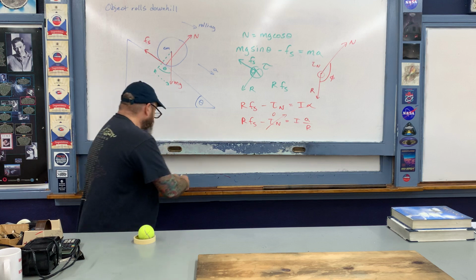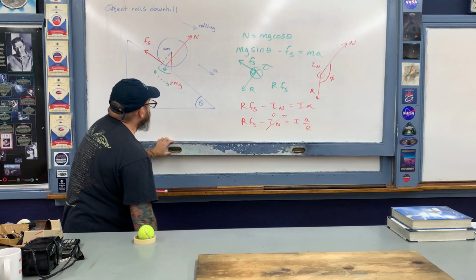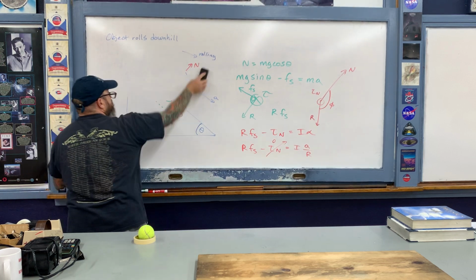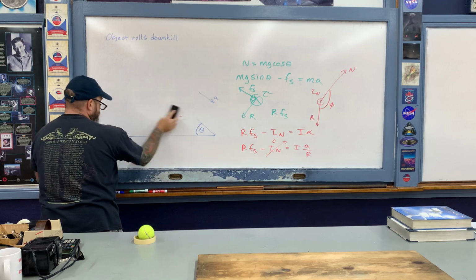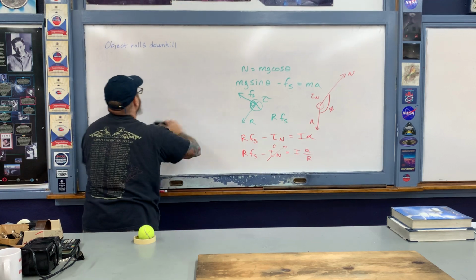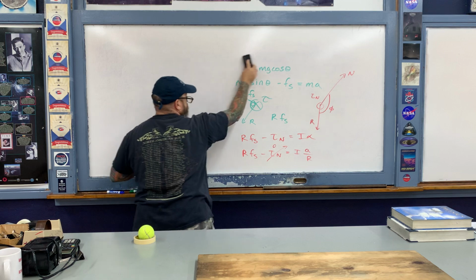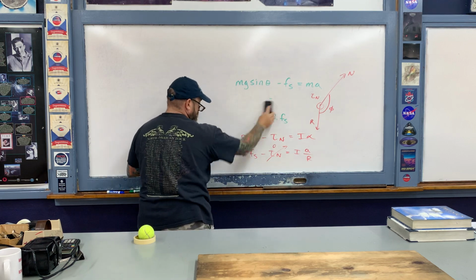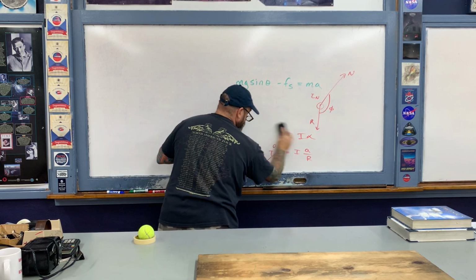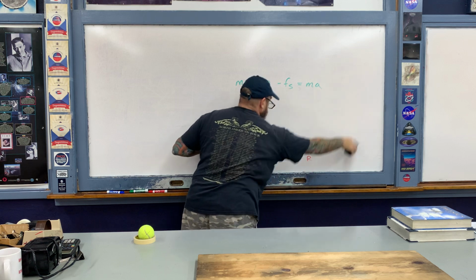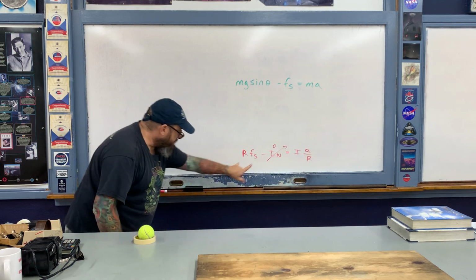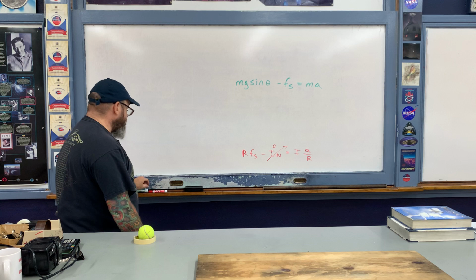Okay, now let me do a little bit of erasing here and I'll start to combine the equations together. So let's get rid of the stuff we don't need. Like so. Okay, and now what I do is I take this expression here and I solve it for the force of static friction.